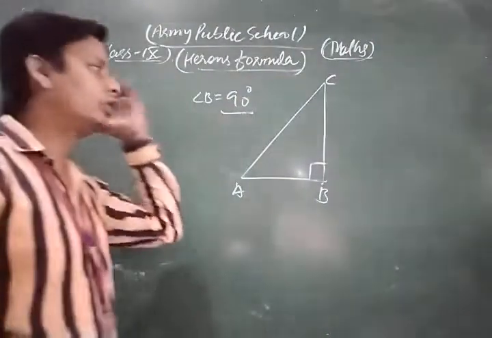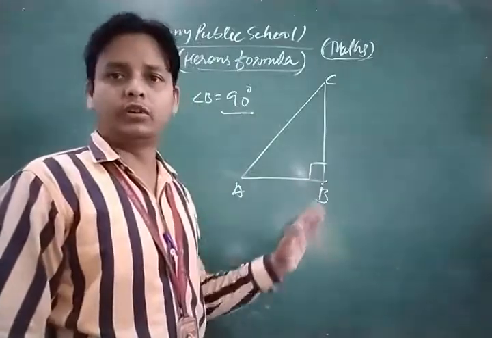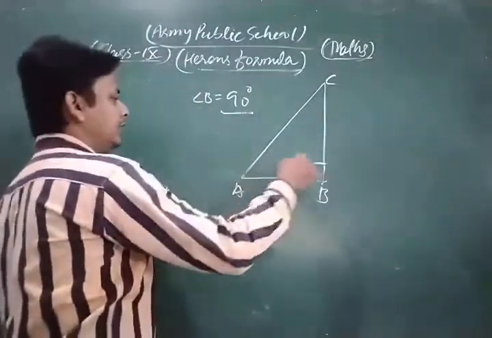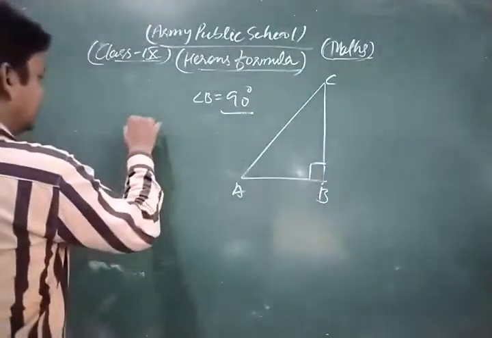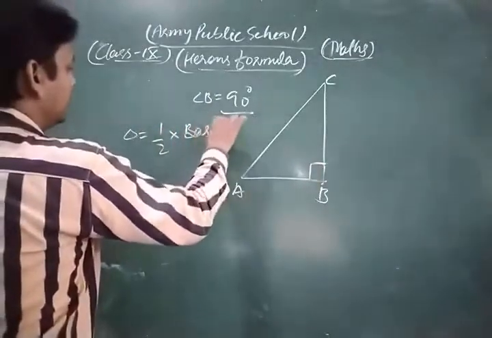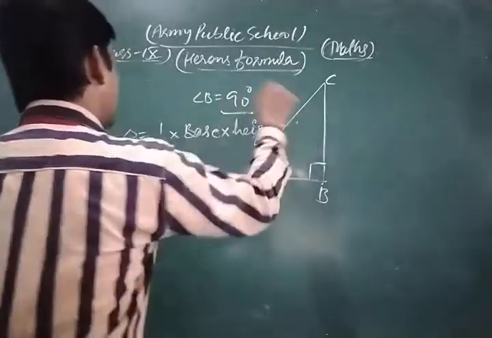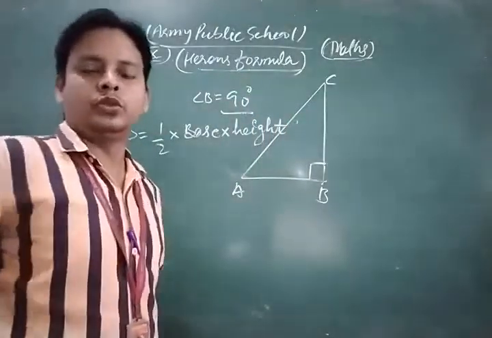So for any right angle triangle, dear friends, we find the area with the help of the formula 1 upon 2 base into height.